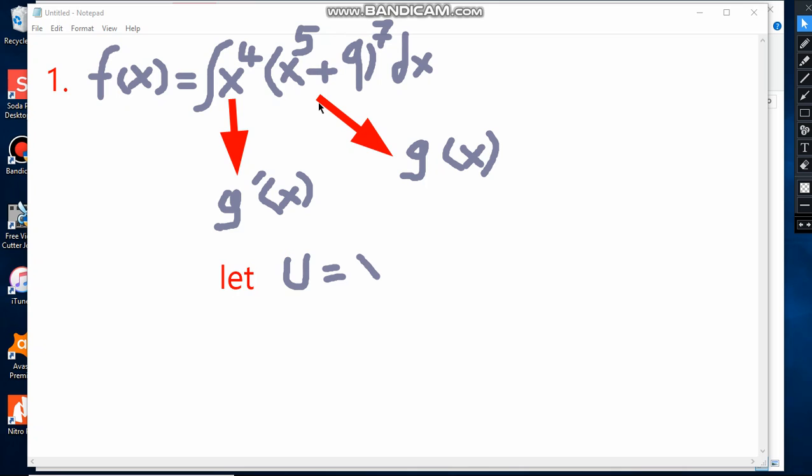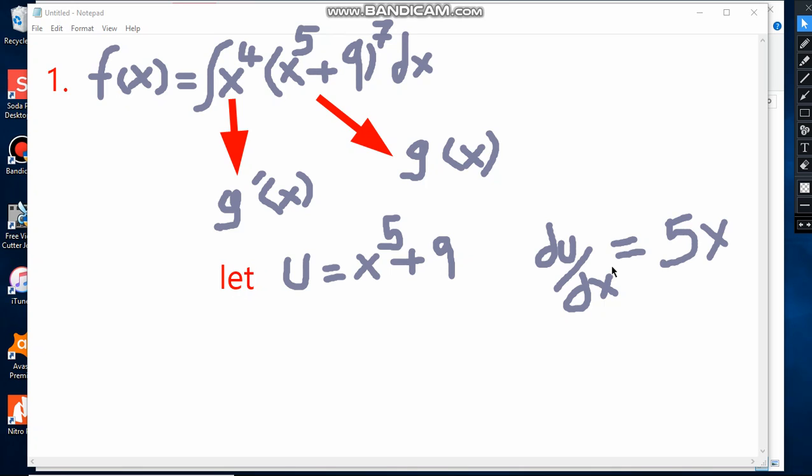So we let u be equal to g of x, which is x raised to 5 plus 9. When we find du dx from this expression, we get 5x raised to 4. So when we get back here, where u represents this, we have u raised to 7.